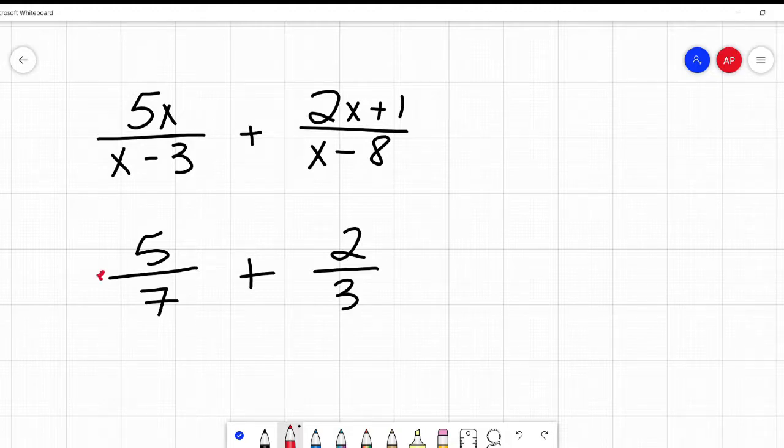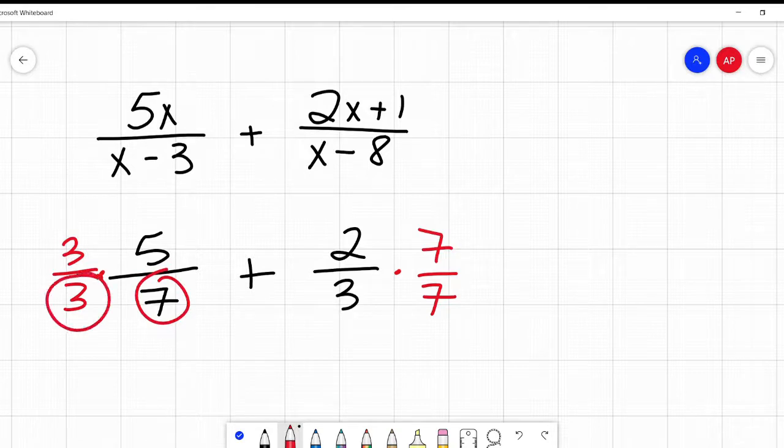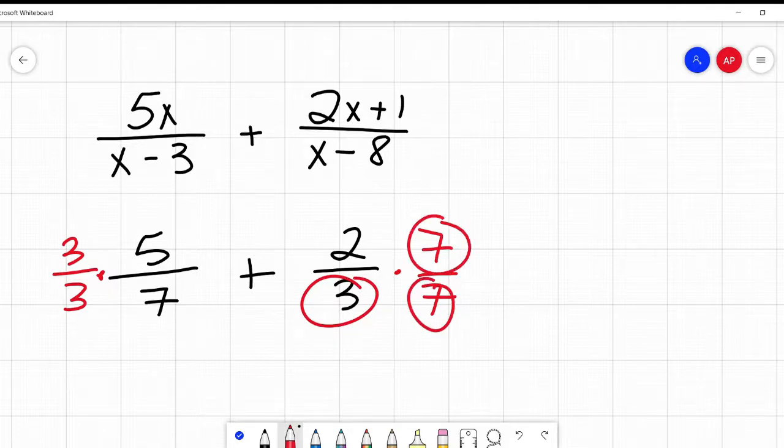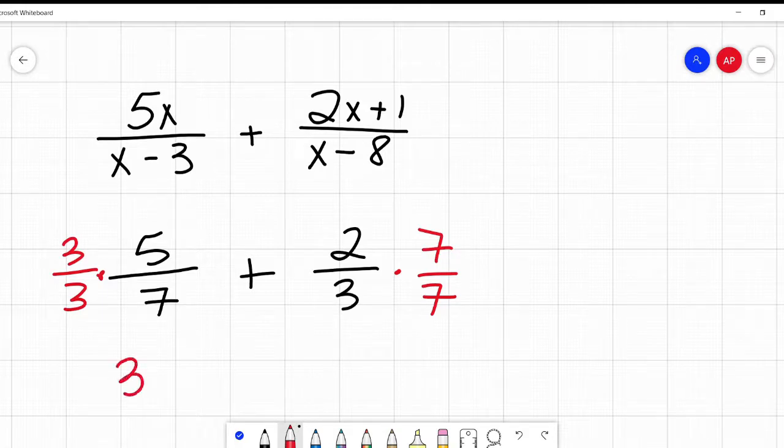You're going to end up multiplying by the other one. The 7 has to be multiplied by 3, so you do a 3 over 3. The 3 has to be multiplied by 7, so you do 7 over 7. You do both of those, and then you can add them because they have this same denominator of 3 times 7, or 21.